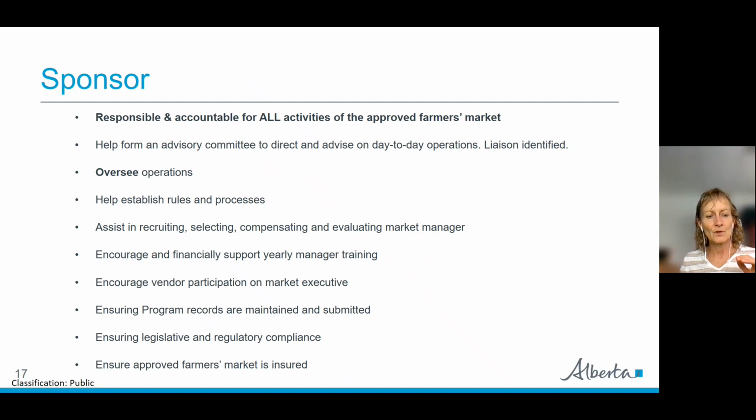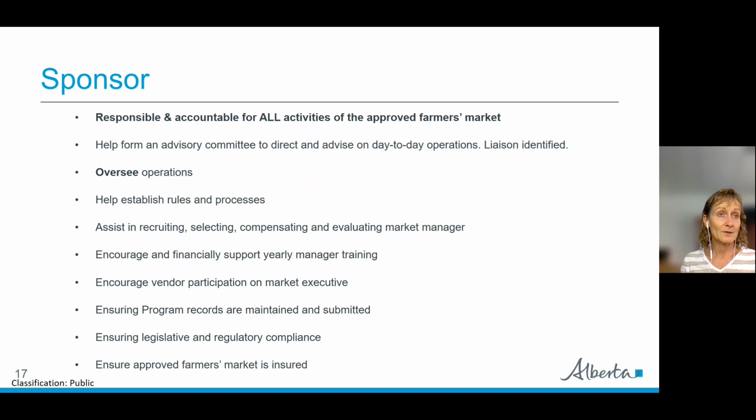What they often do is delegate authority down to an advisory committee that is made up of vendors and a liaison from the board, but they are ultimately responsible and accountable for everything. They will help form that advisory committee to help deal with the day-to-day operations.